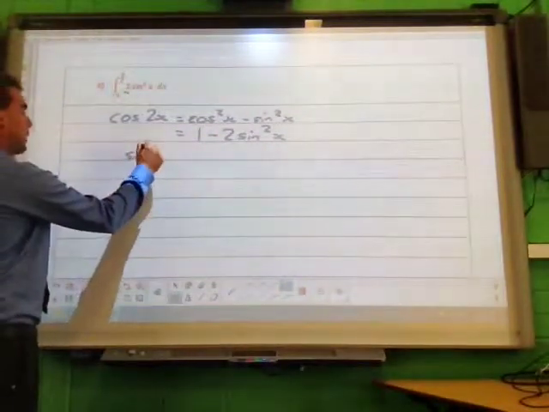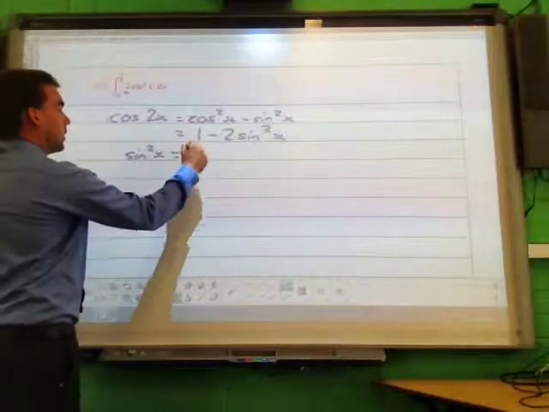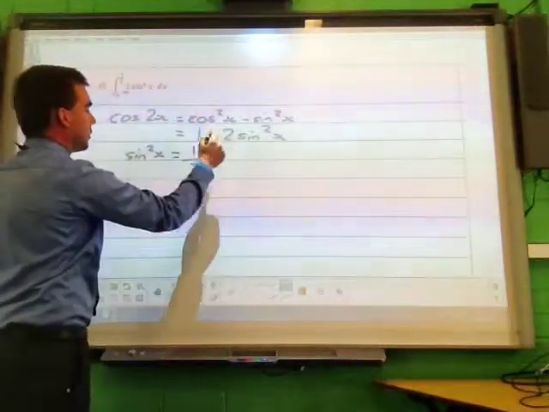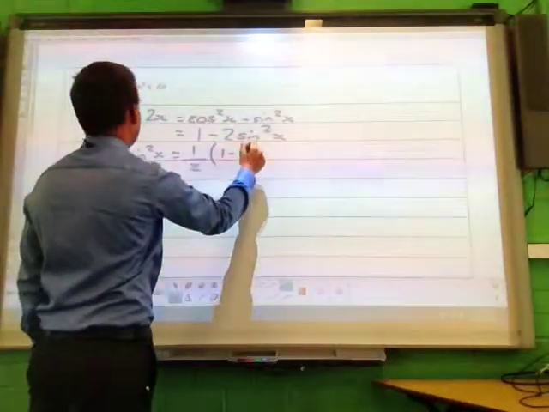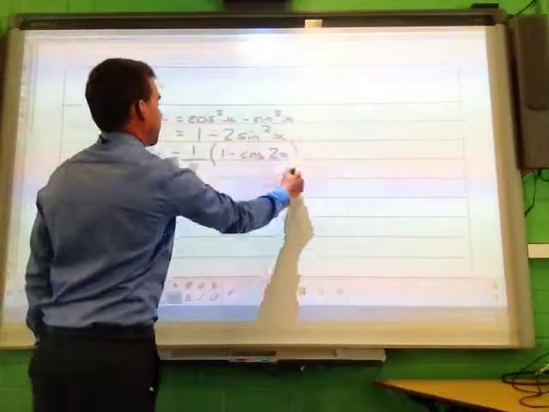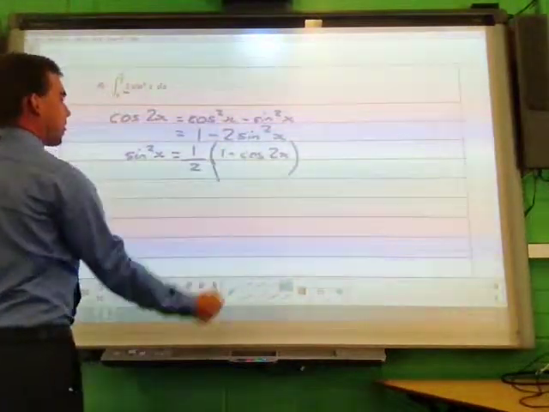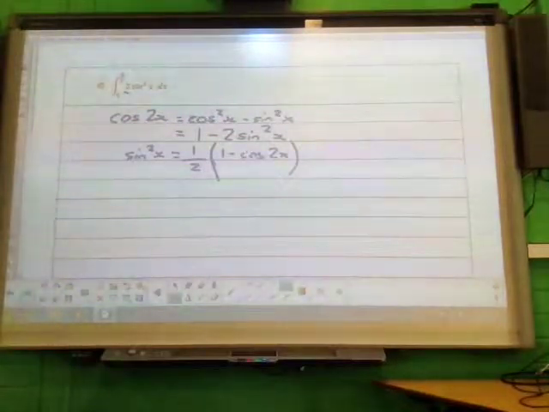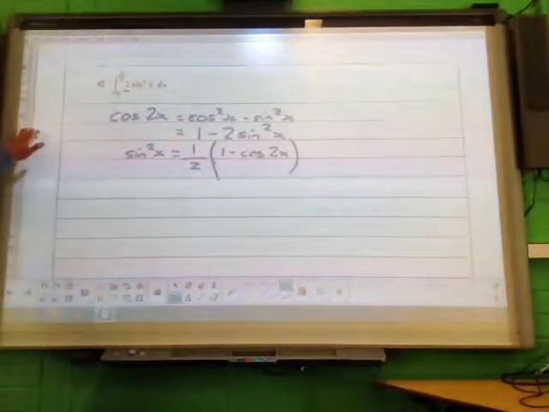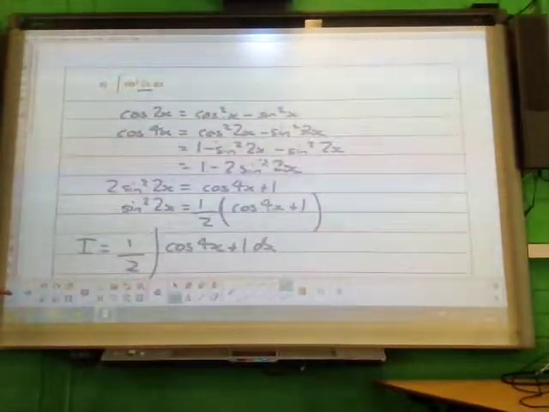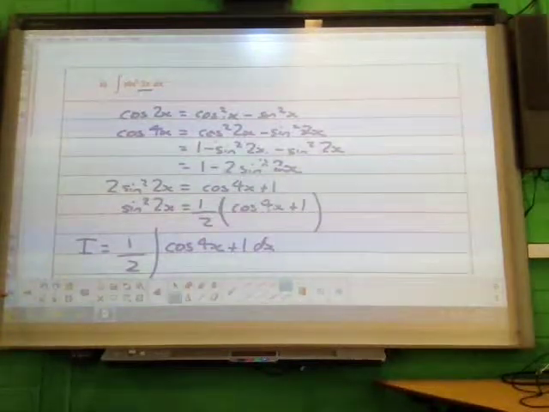So sine squared of x is going to be half, because I've moved this over to the left, I'm going to move that over to the right, 1 minus cos 2x. Yep, I've made an error there.